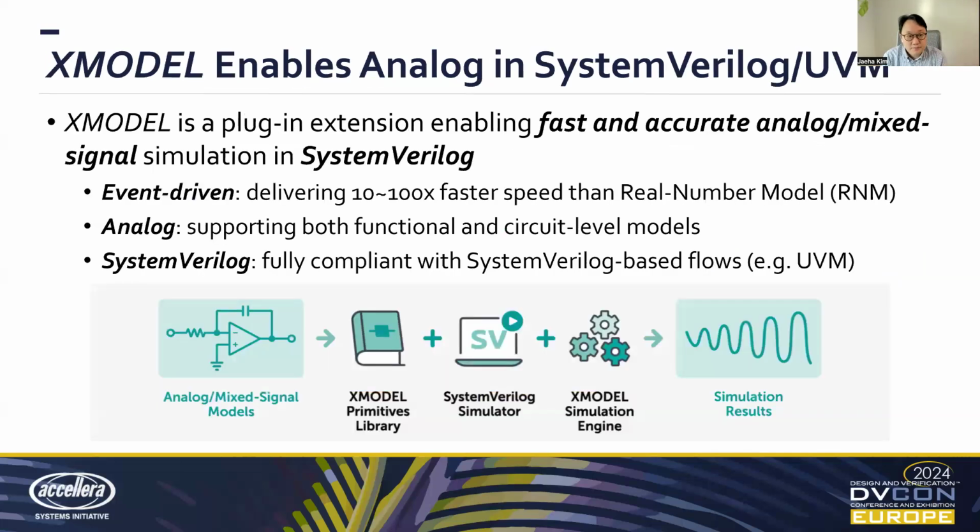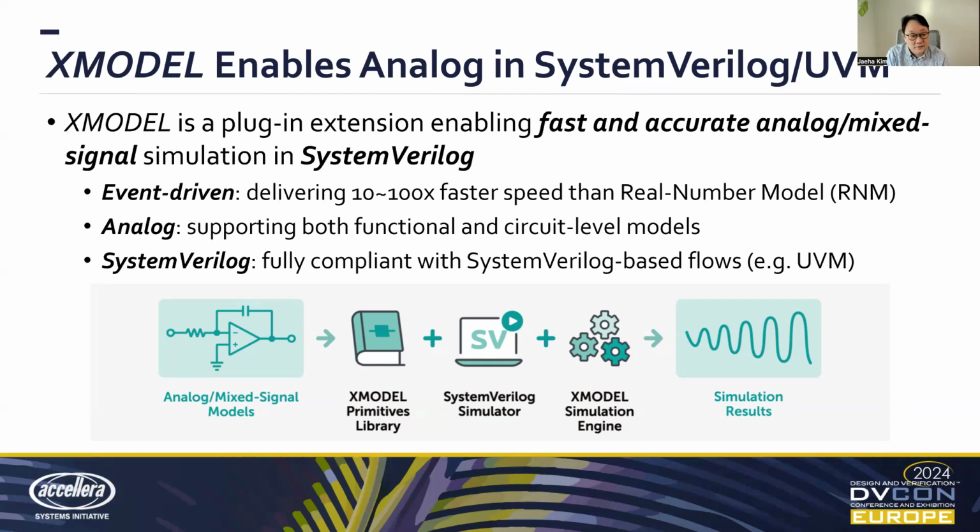If you are an XMODEL user, you know what the solution is. XMODEL from Scientific Analog is a plugin extension that enables your SystemVerilog simulator, like VCS, Xcelium, Questa, to perform a very fast and accurate analog mixed signal simulation. It has a very powerful event-driven algorithm that can deliver much faster speed compared to a real number model.